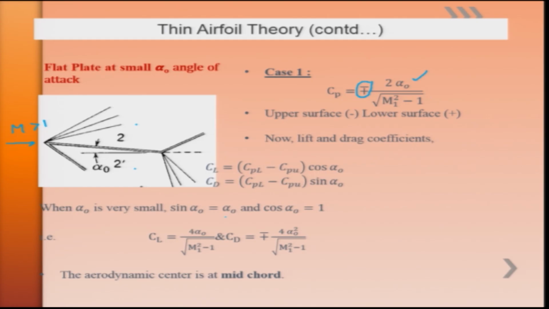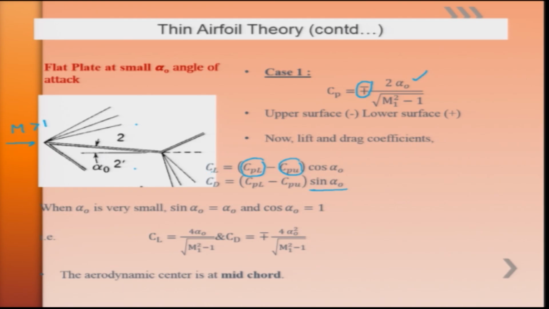Now, Cl and Cd can be obtained by writing Cpl, the pressure coefficient on the lower surface, which is higher, and the pressure coefficient on the upper surface, and resolving this difference into the vertical as well as horizontal component along the streamline direction.